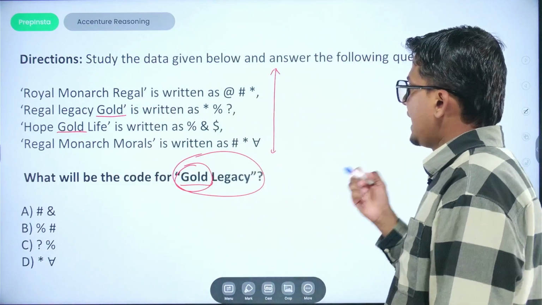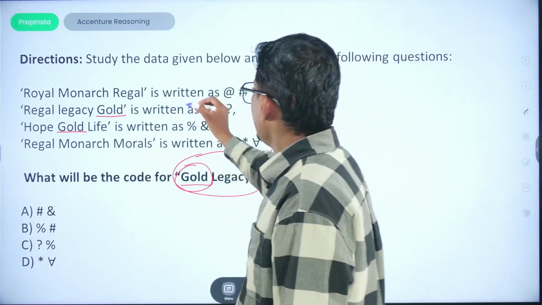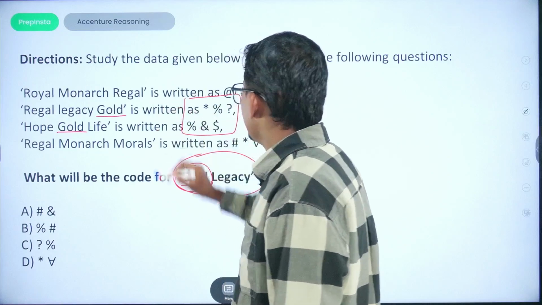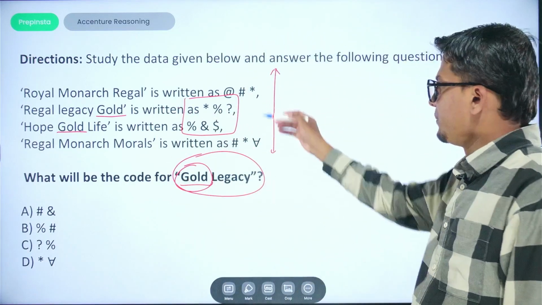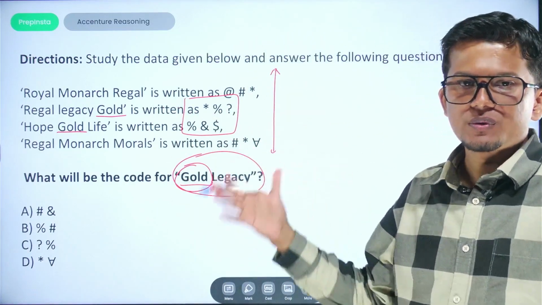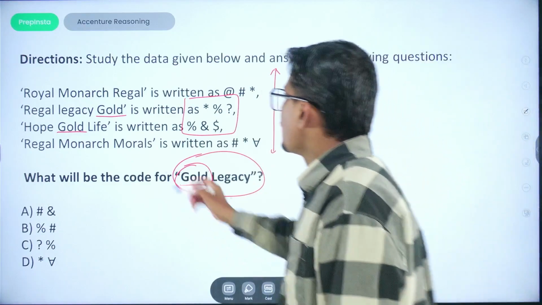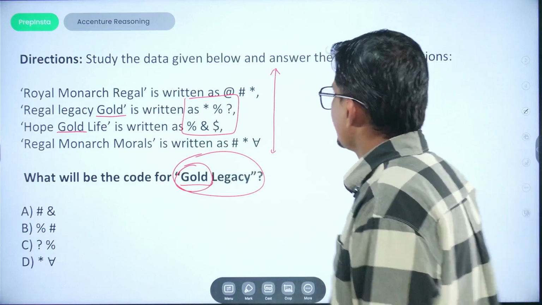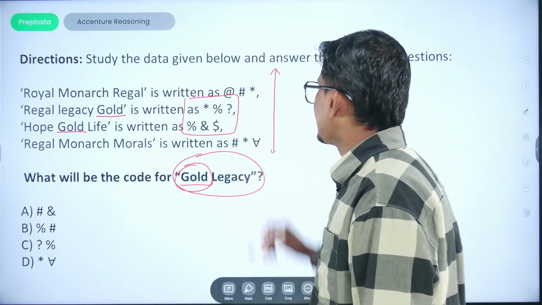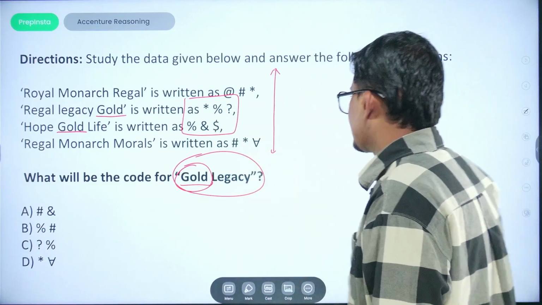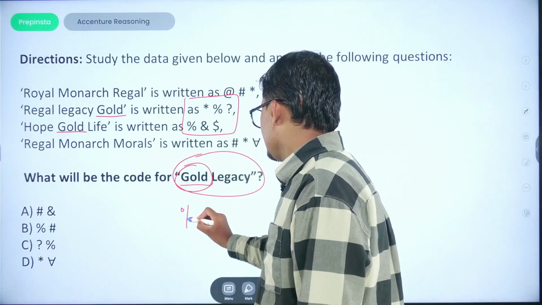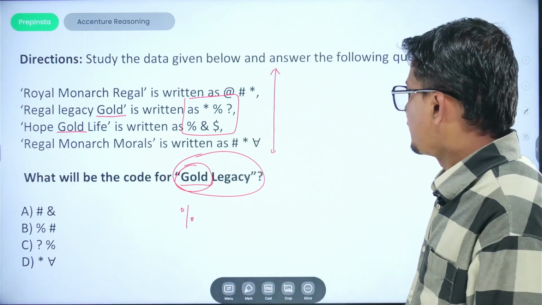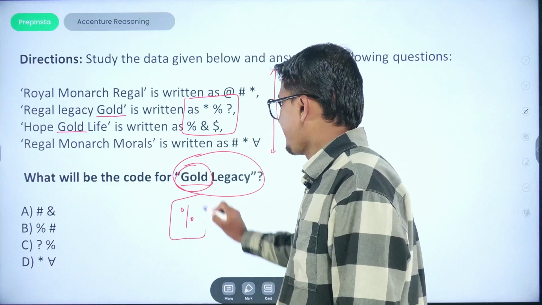So what we have to deduce is, we have to see in the coded format whichever symbol or character is being used twice, because gold is used in the second and third statement only. So from here we can deduce that percentage is being used twice. So the coded format of gold would be percentage.